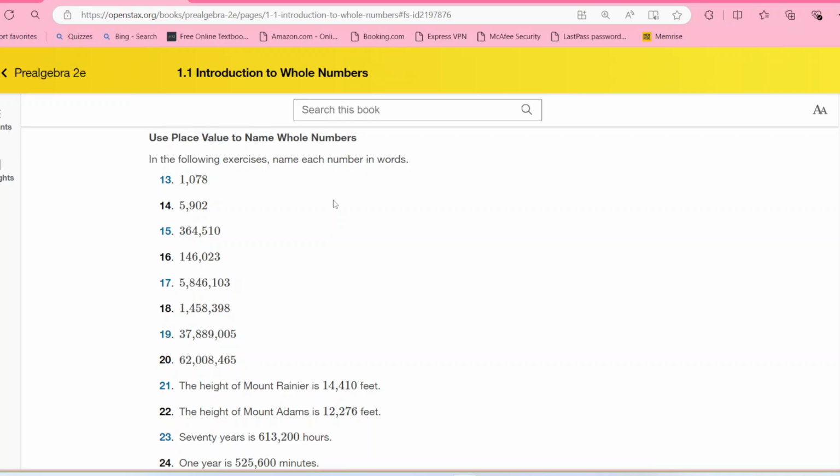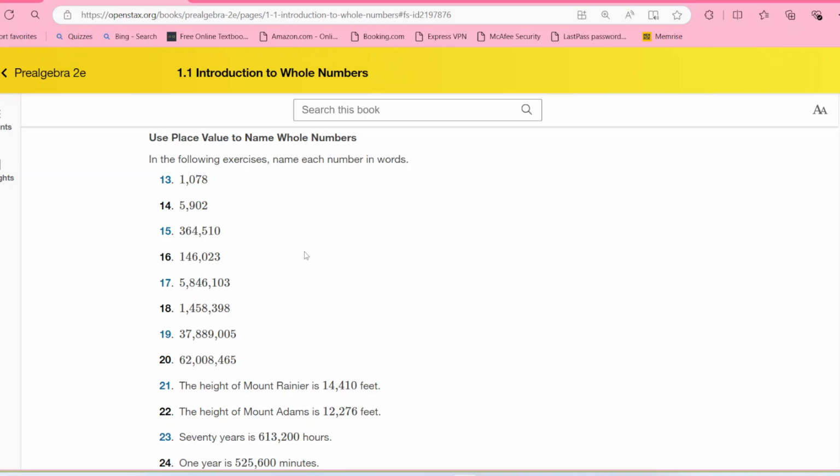Because if you're just watching me do these things and you're not trying them on your own, you're not practicing yourself, there's a very good chance that you are not going to get the material as well as you'd like. So please do some work on your own. And of course, when you are doing exercises in the text, it is assumed that you have also done the reading of the section or watched videos related to the section.